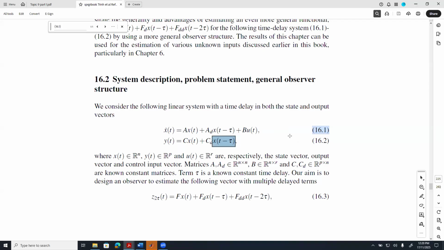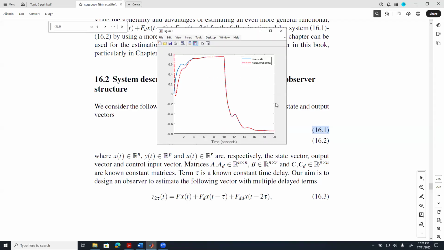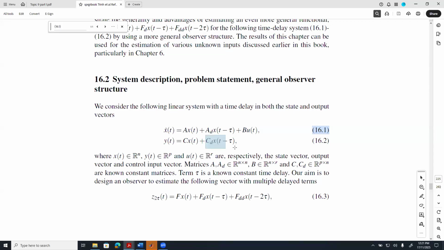This is a very intriguing situation. So the output measurement vector that we receive is a linear combination of the delay stack vector.